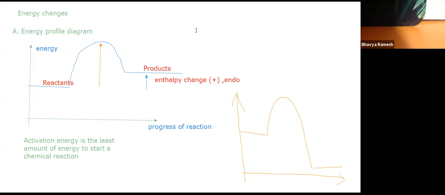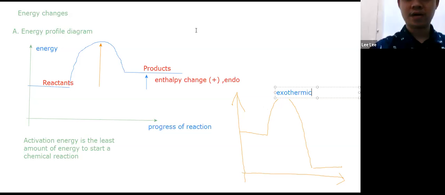Now this is for exothermic. For the energy profile diagram, any of you have questions? Nope, I've learned this already. So if no questions, I'm going to clear the board.